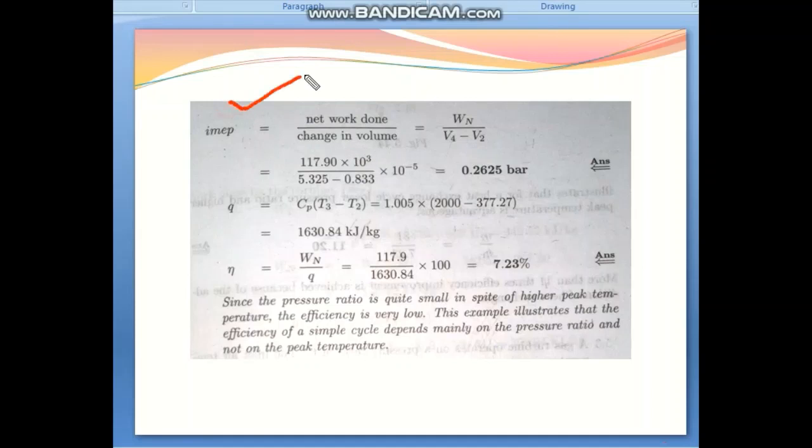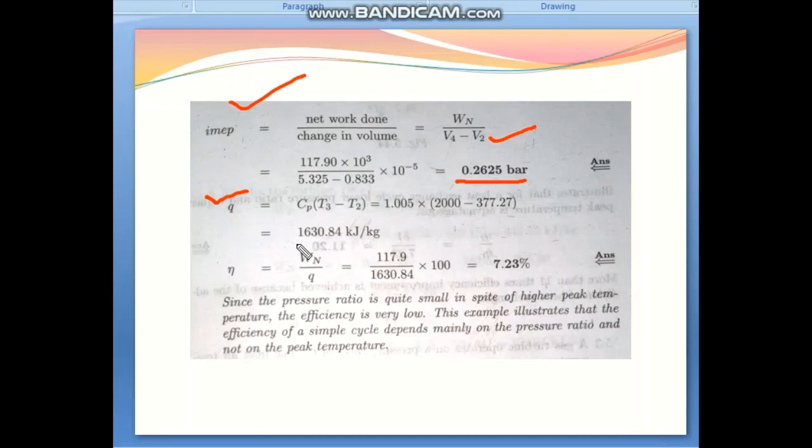So the net work done, Wn, divided by the change in volume, that is V4 minus V2. So the mean effective pressure becomes 0.2625 bar.